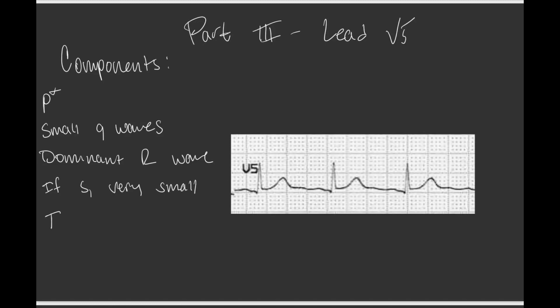And our T wave should be positive. So here we see that positive P wave. We see that tiny Q, dominant R, which gives us that QR complex. And we should have a positive T wave.